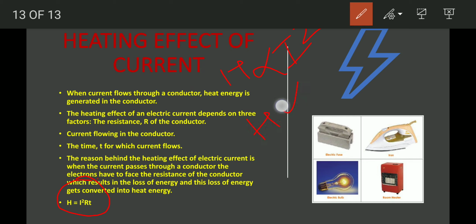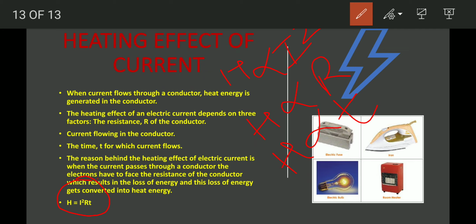H is directly proportional to R, which means if you double the resistance, it will double the heat produced. And finally, H is also directly proportional to time for which the current is passed through the conductor.